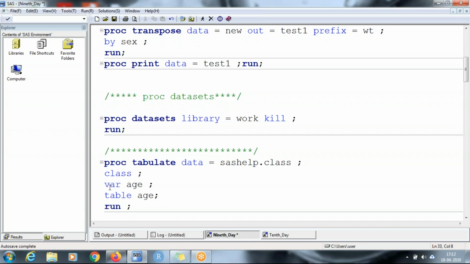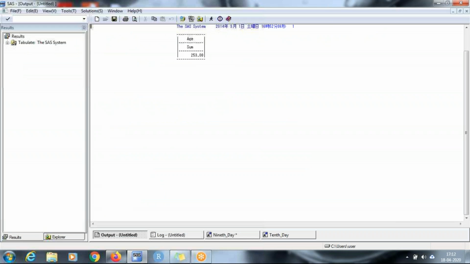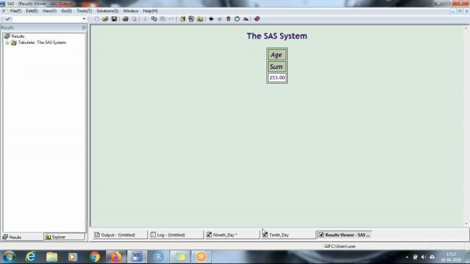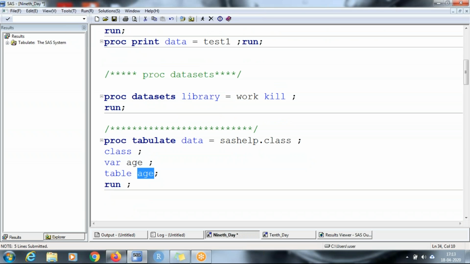And var is where we define the variable to do the calculation. Now this has given you age in the column. Why? Because we have defined only one dimension, which is C.